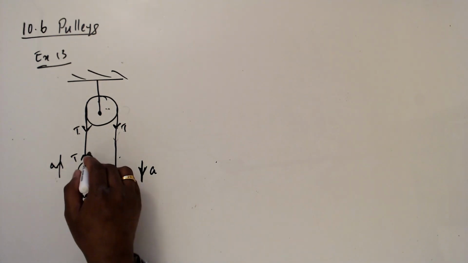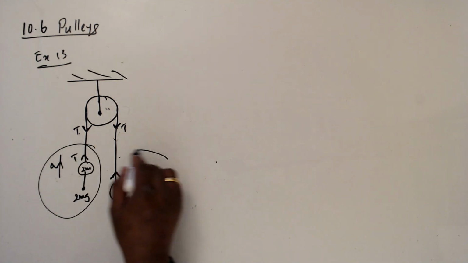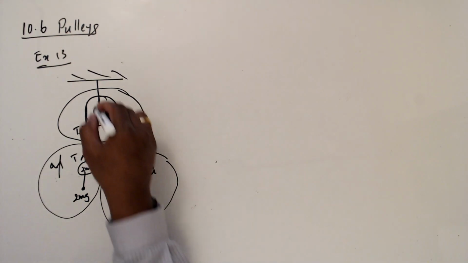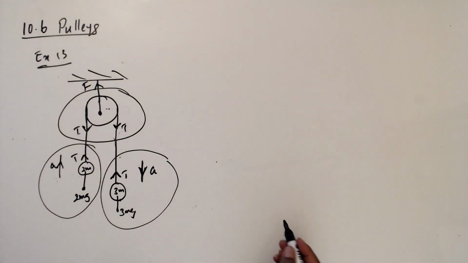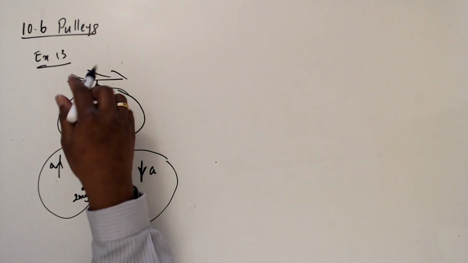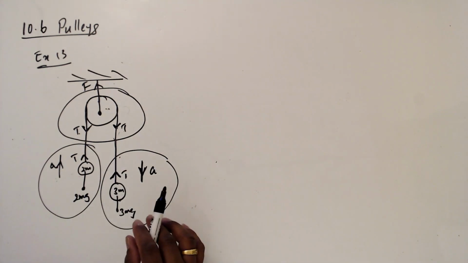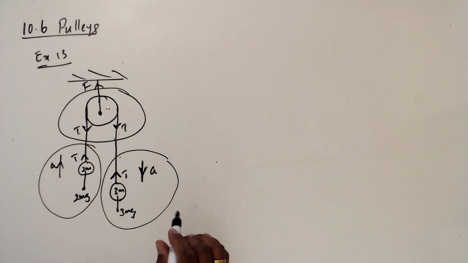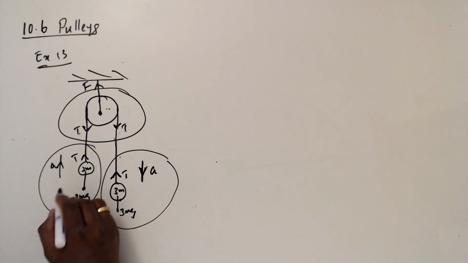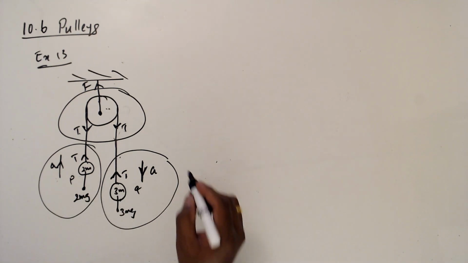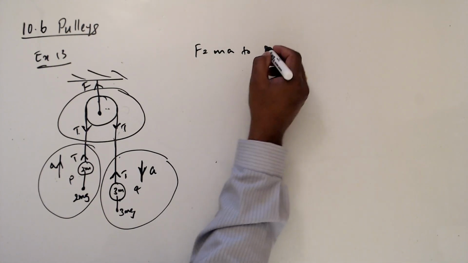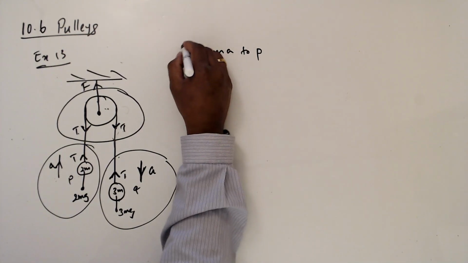Now there are three systems here. If we need to find F, we have to consider this one. The question, part A, says write down an equation of motion for P. So this is P and this is Q. F equals ma for P in this direction.